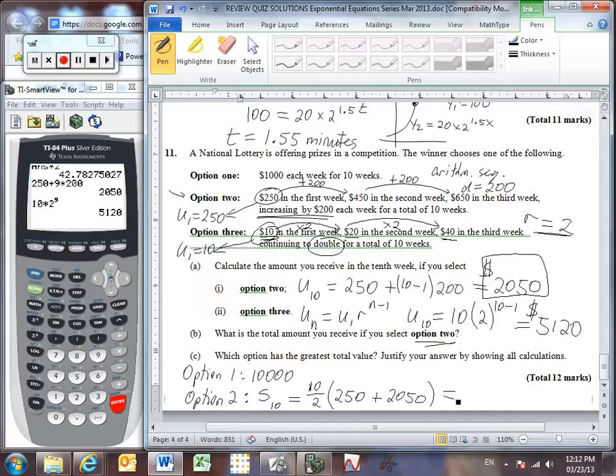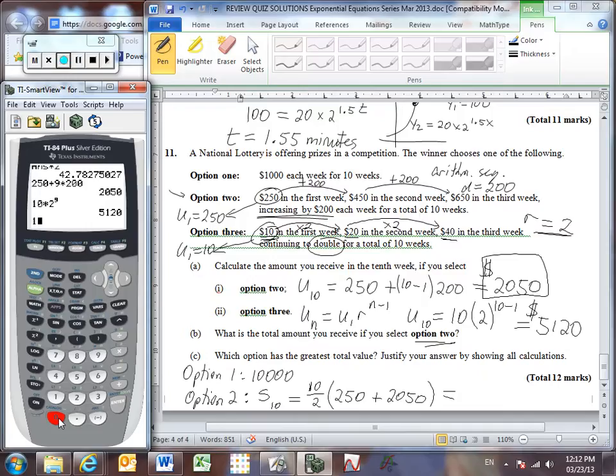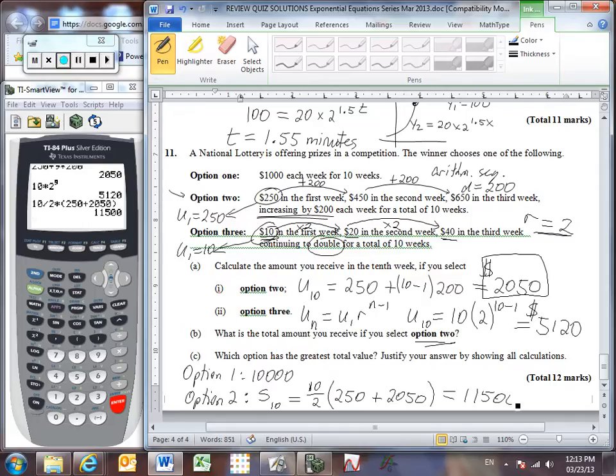And so that gives us 10 over 2, multiplying the sum of 250 and 2,050, giving us an answer of 11,500 total dollars received for option 2. So option 2 is a little bit better than option 1, where we only received a total of 10,000. In option 2 we've got 11,500 as the total payment through 10 weeks.